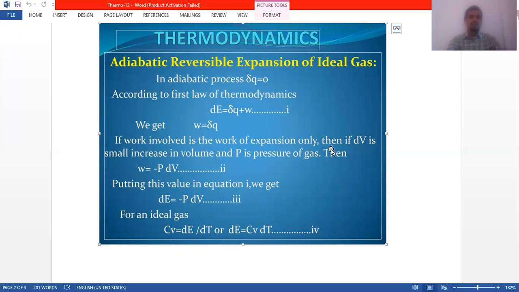And for the ideal gas, the equation becomes Cv is equal to delta E upon delta T, or delta E is equal to Cv dT.